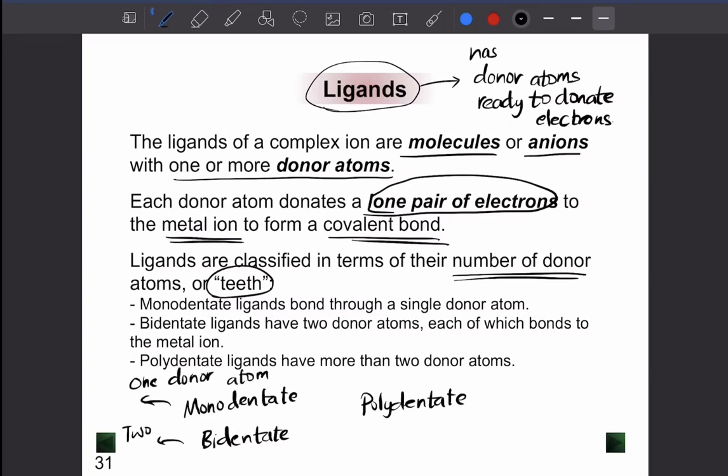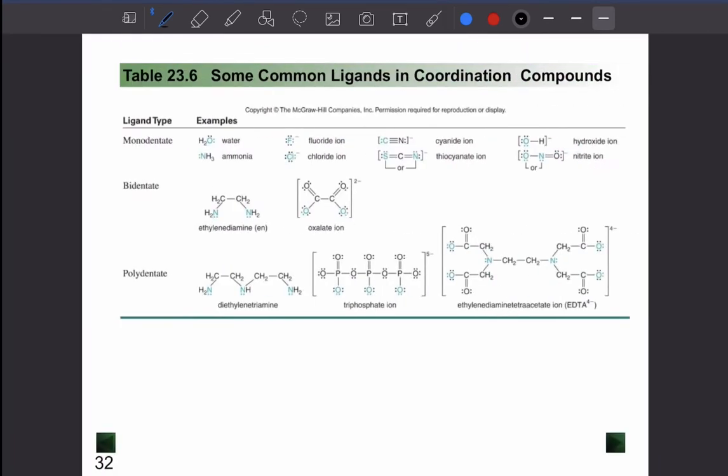Bidentate if it has two donor atoms. Polydentate if it has more than two donor atoms. So let's see some examples of these ligands.